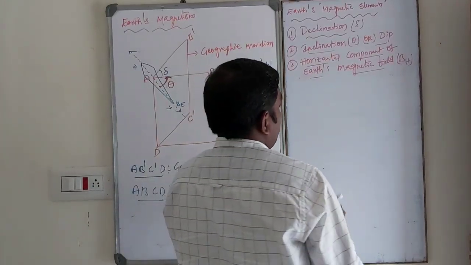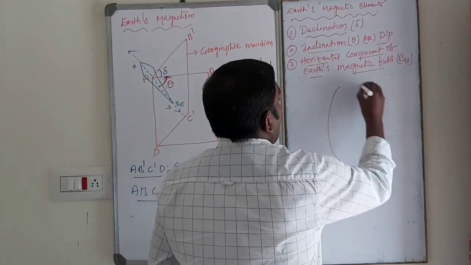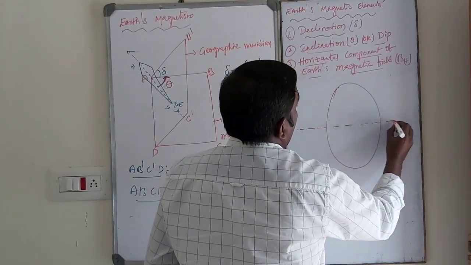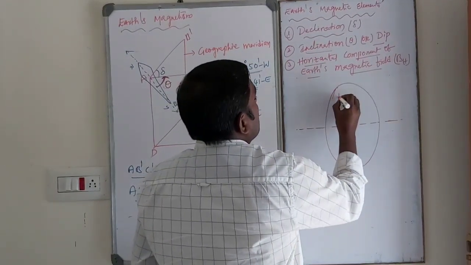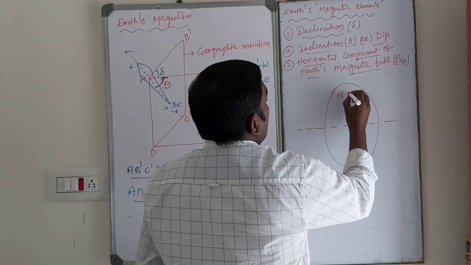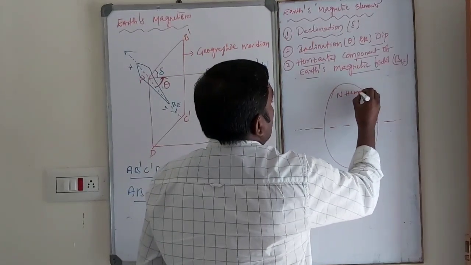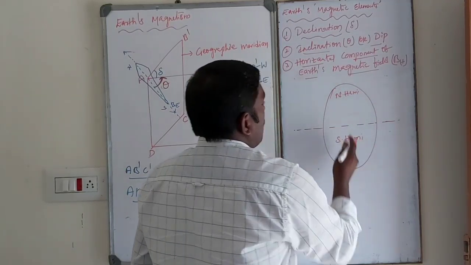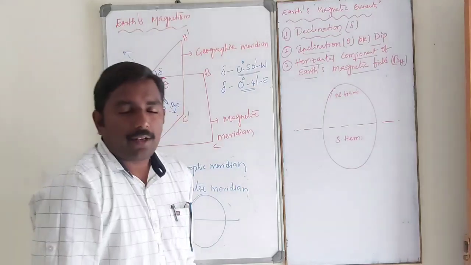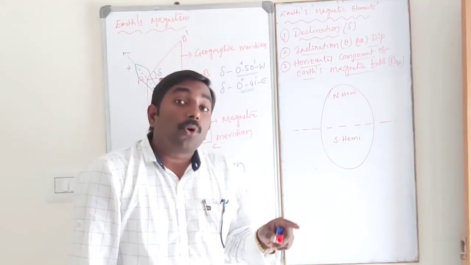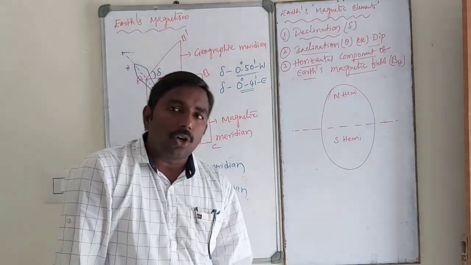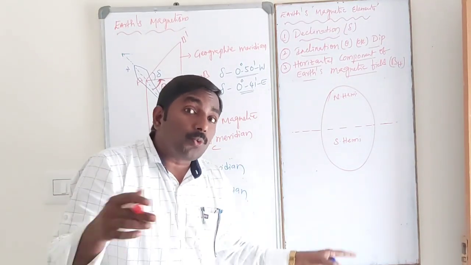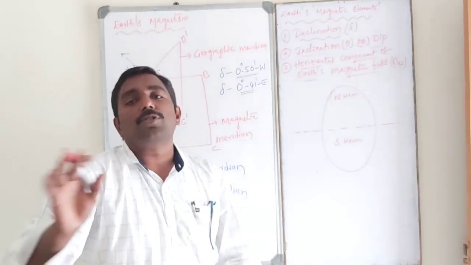See, this is the earth. Okay, this is the equator. This is northern hemisphere. This is southern hemisphere. In the northern hemisphere, the north pole of the needle tilted downwards ఉంటుంది. In the southern hemisphere లో the south pole of the needle tilted downwards ఉంటుంది.